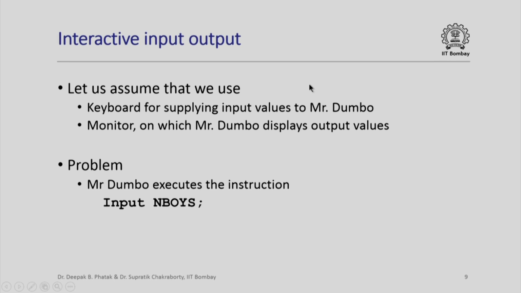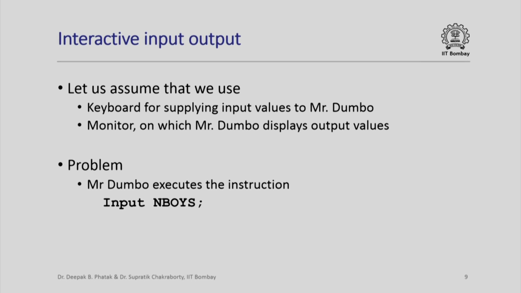However, it makes sense to use a normal keyboard of a computer for supplying input values to Mr. Dumbo and a normal monitor of a computer on which Mr. Dumbo will display the output value. Makes eminent sense because we are familiar with both these devices. After all, you are all using these devices for learning this course.